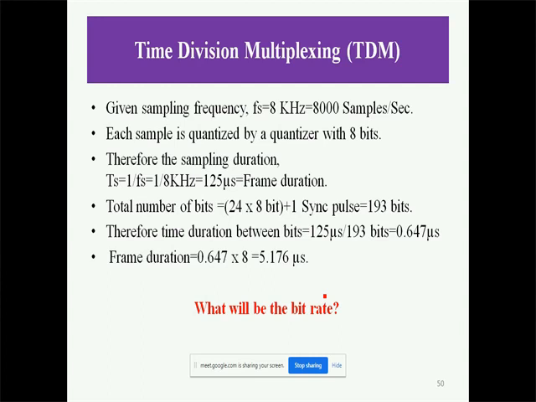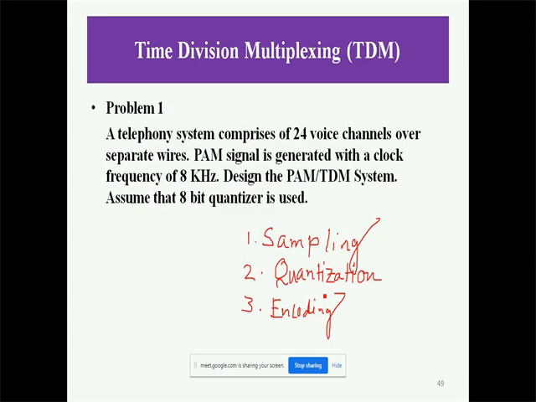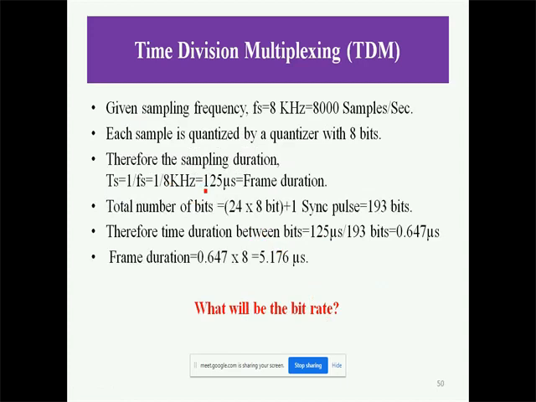See, the sampling frequency Fs is given here as 8 kilohertz. So the clock frequency means the sampling frequency. We have to calculate the modulating frequency. The sampling frequency is 8 kilohertz, or we can say 8000 symbols per second. The samples are quantized by a quantizer of 8 bits.